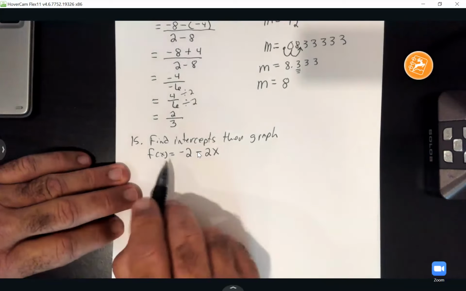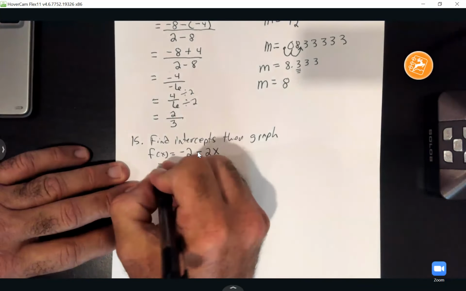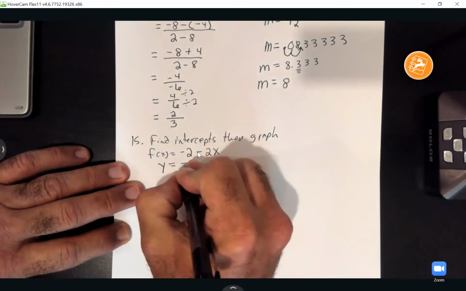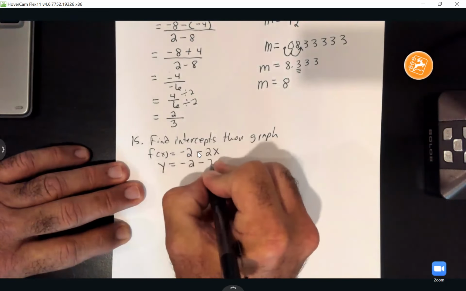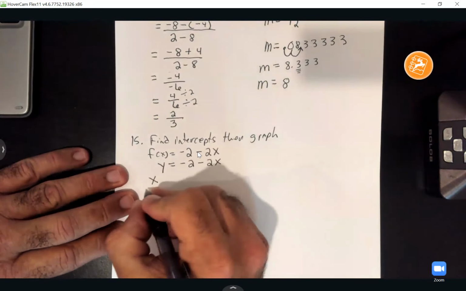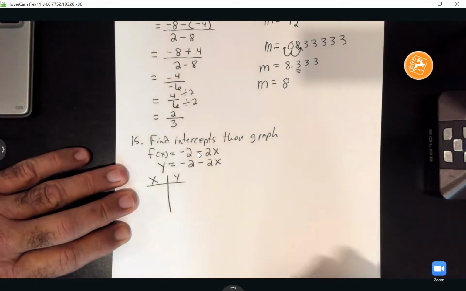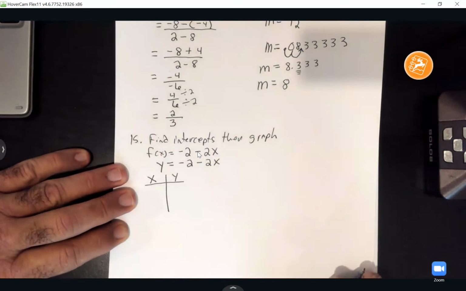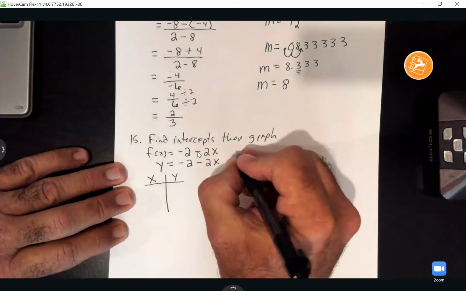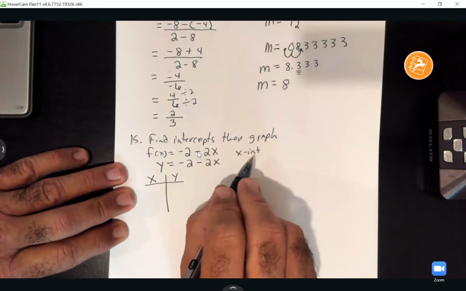Now, first thing I would do, that f of x is really a y. So I would make this y equals -2 minus 2x. And then I would set up my little table here. So remember, I'm going to find my x-intercept first.